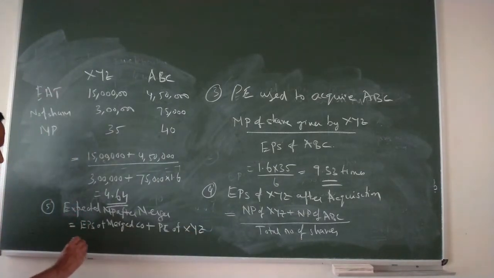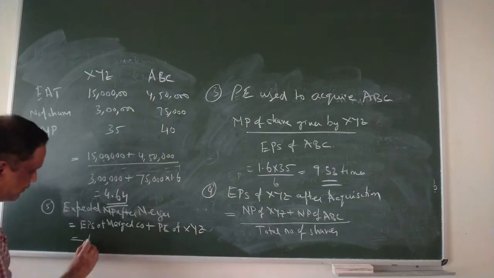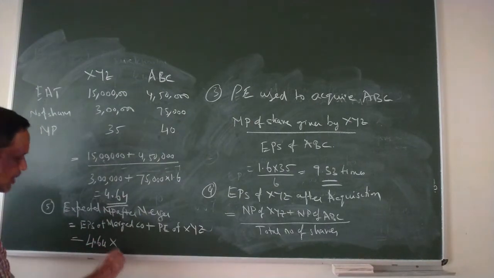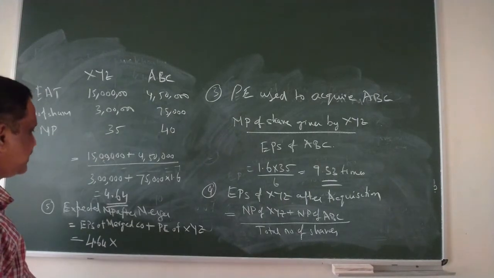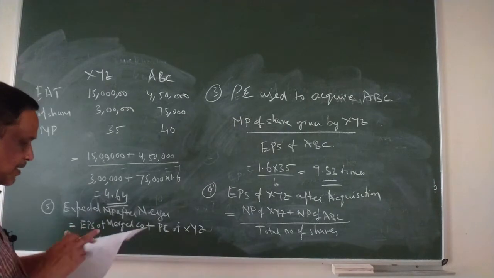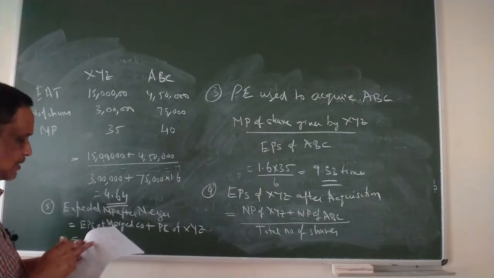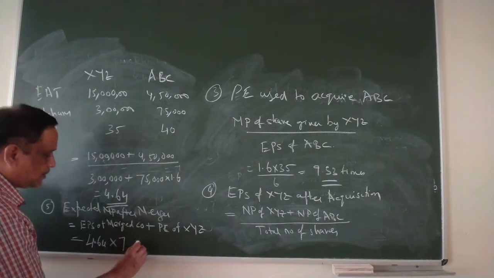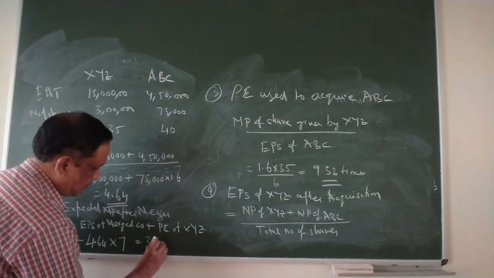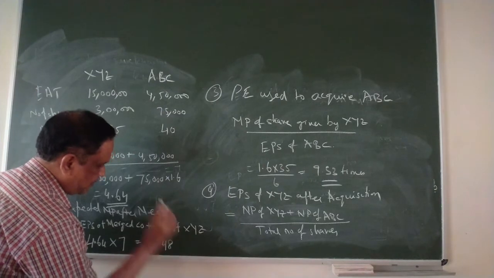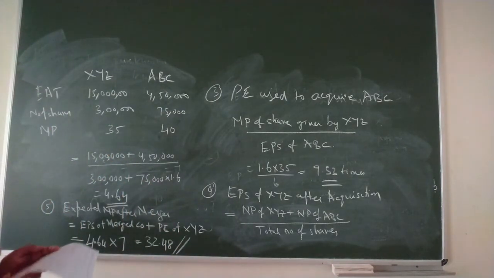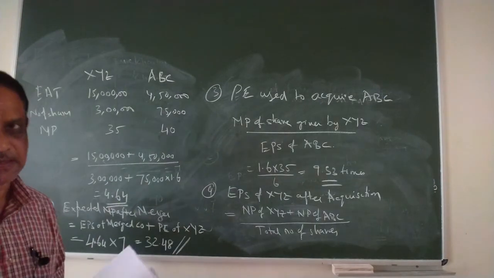EPS of merged company, we have calculated as 4.64, multiplied by PE of XYZ, which we have calculated as 7. So that will be 32.48. So 32.48 is the market price after merger.